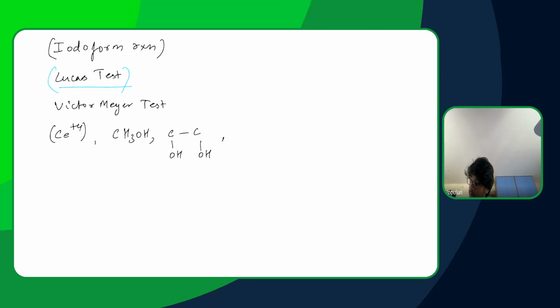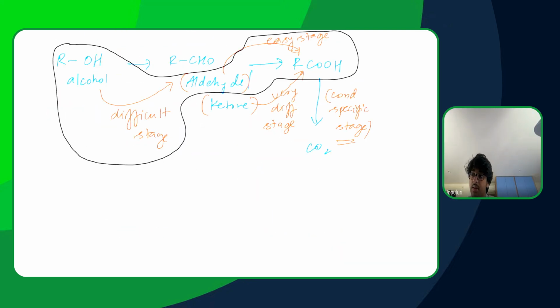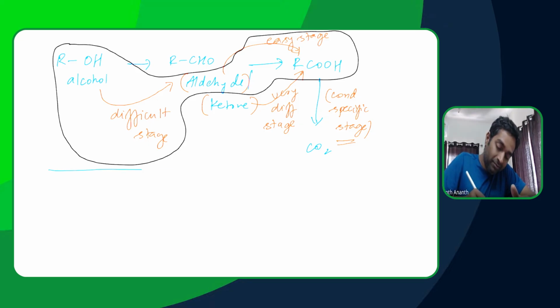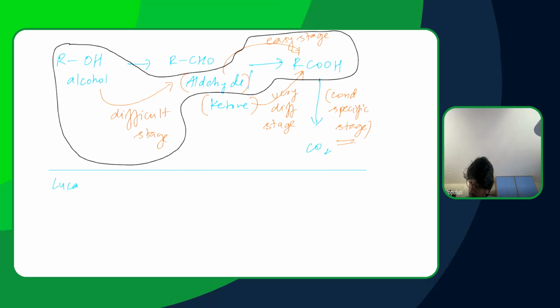It's like the turbidity forming. Just like whether the thing is soluble. How do I exactly summarize Lucas test? So basically we're reacting an alcohol with this HCl and anhydrous ZnCl2.